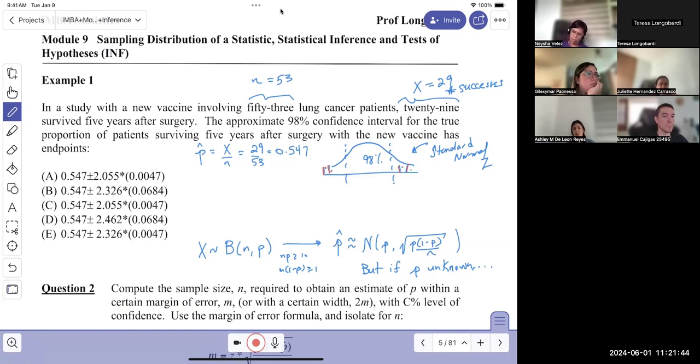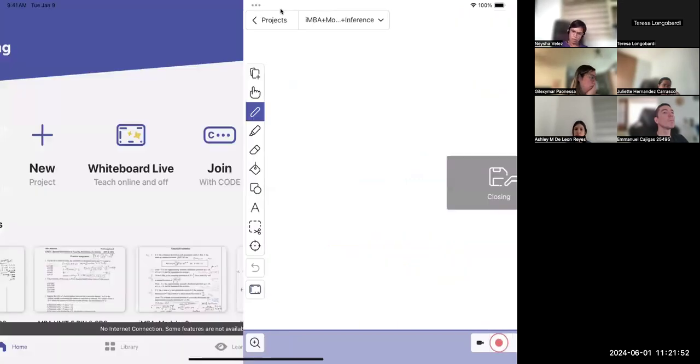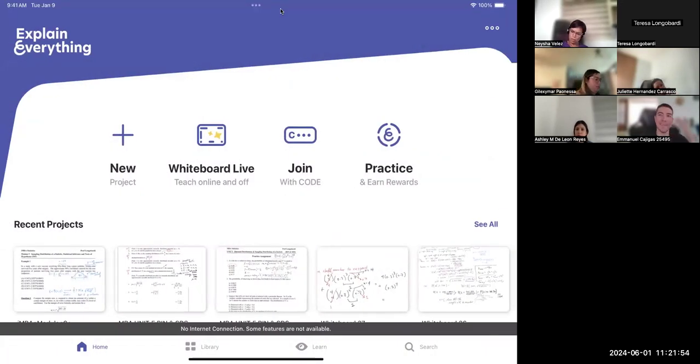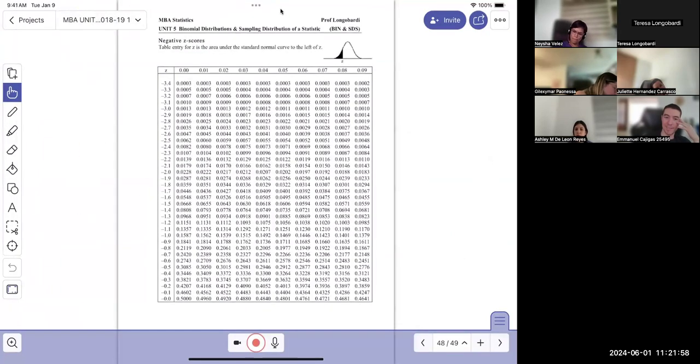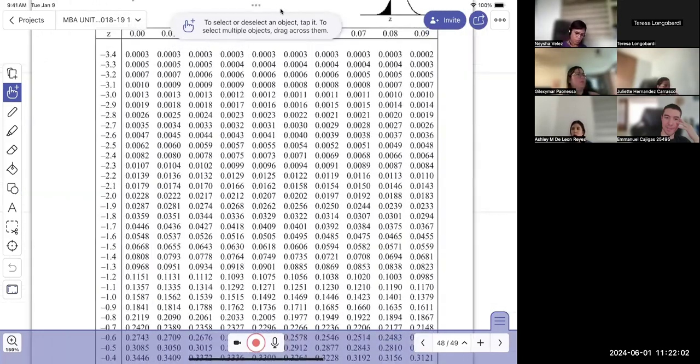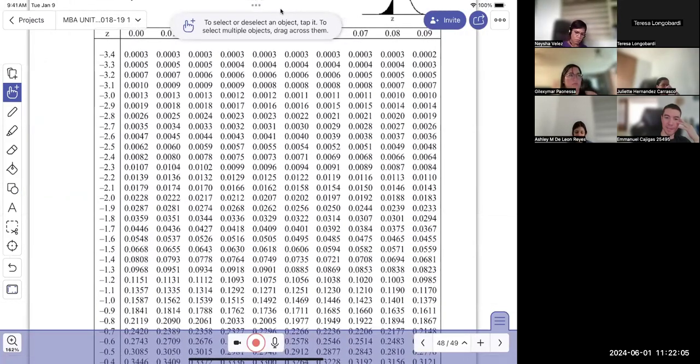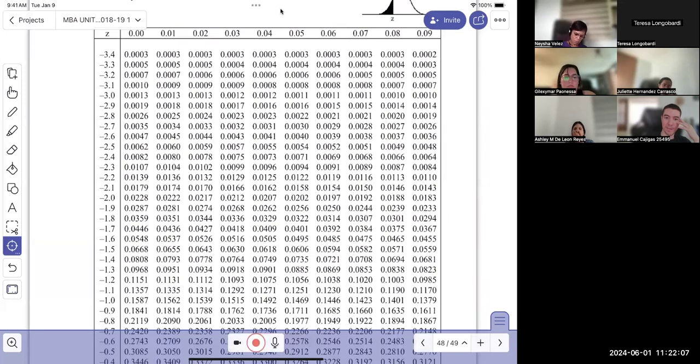So let's go look at the table with 1% on the left. Okay, so I have to go inside to look for 1%, right? 1% is like here.